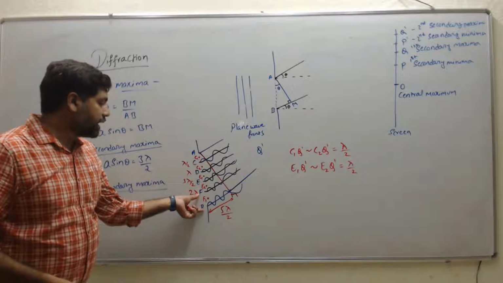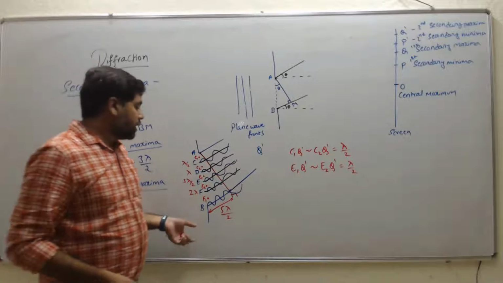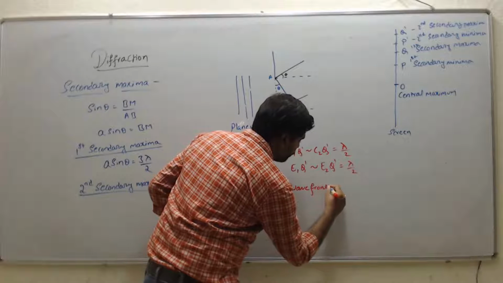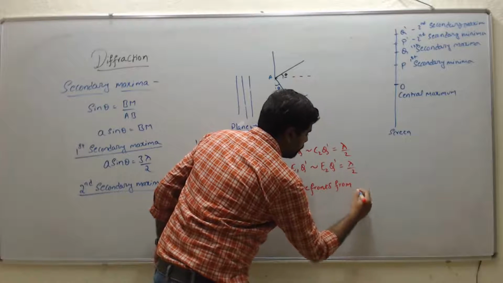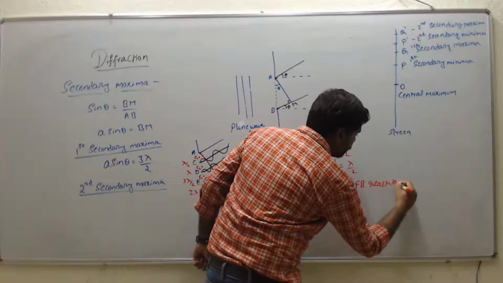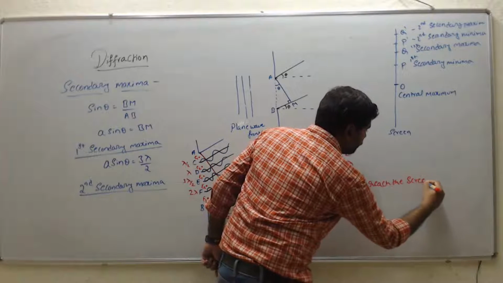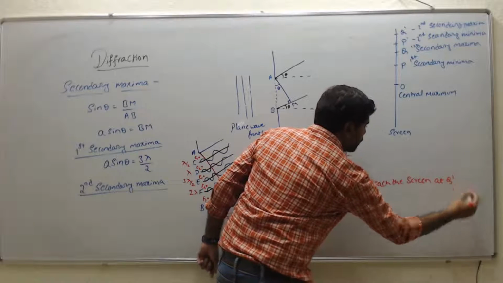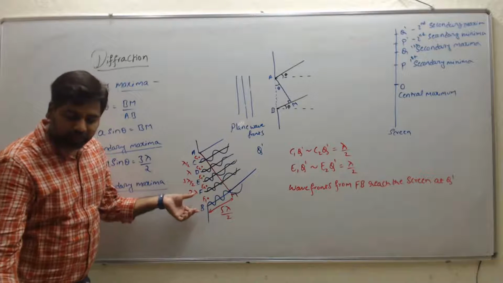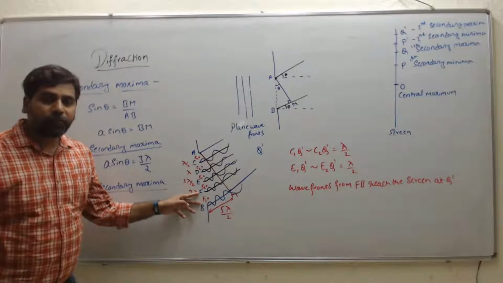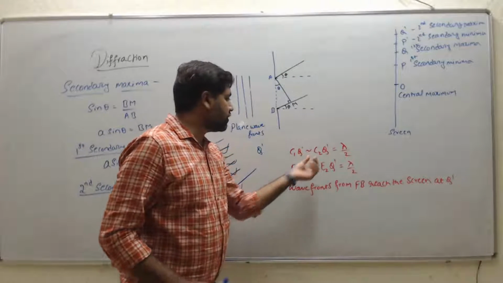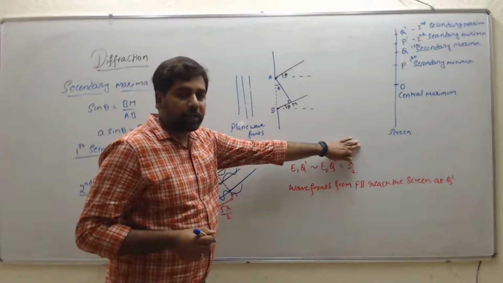So the only remaining wavefronts are those coming from F and B. From FB they reach the screen at Q dash. If we observe here, only the rays which are coming from FB will reach the screen at Q dash. Here the phase difference is pi, that is 180 degrees.